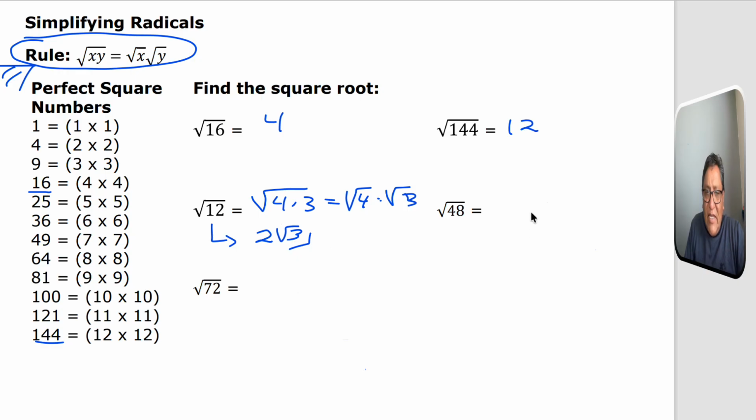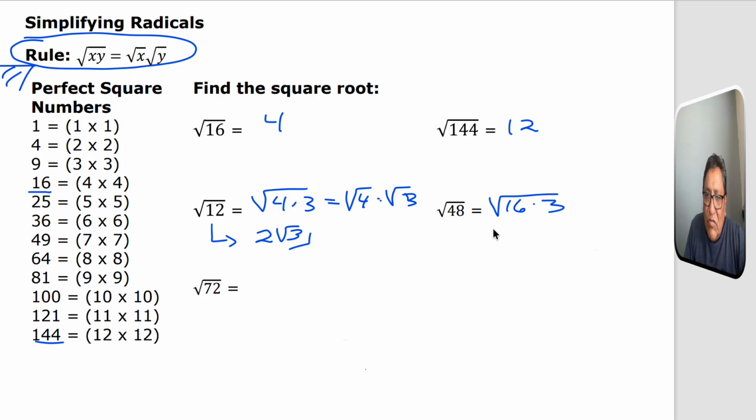Okay? And the same thing in here. I'm looking for two numbers: when I multiply a perfect square number and another number, it should give us 48. Maybe you need to use your calculator and play with the values, 48 divided by 4, by 9, by 16, and you will find that 16 times 3, for example, will be 48.